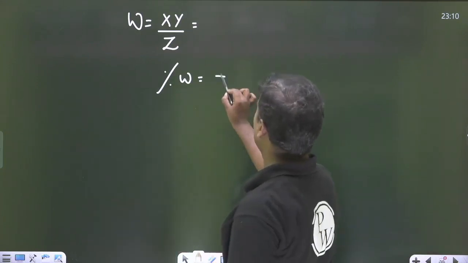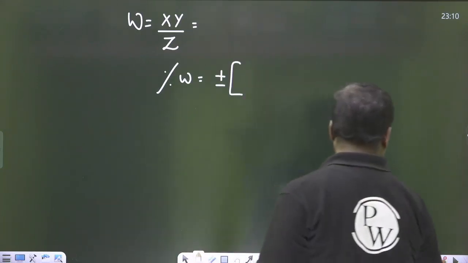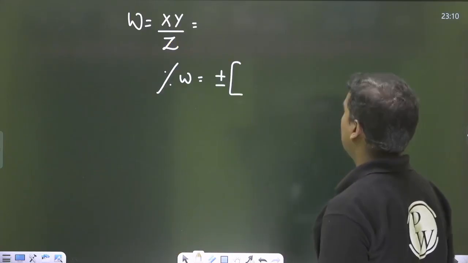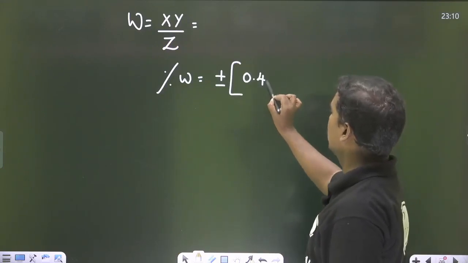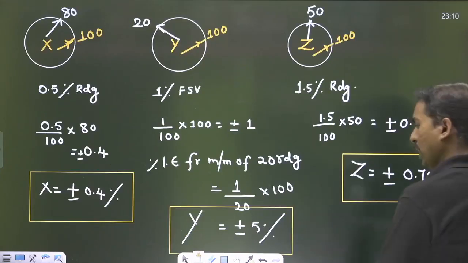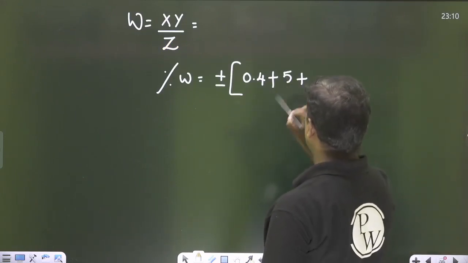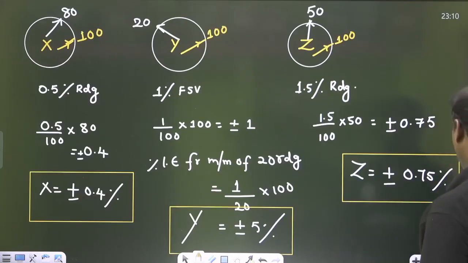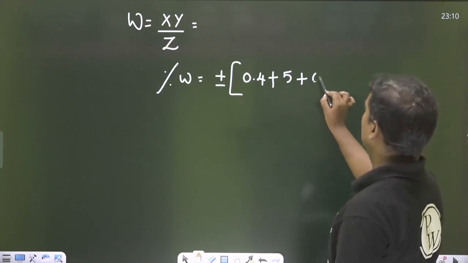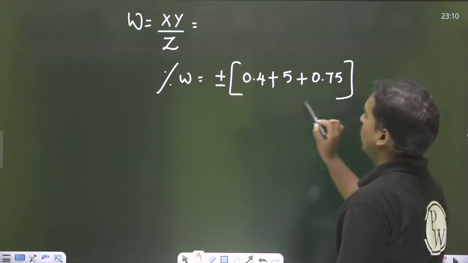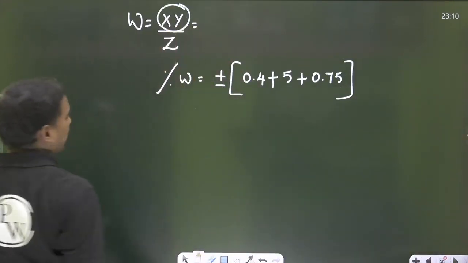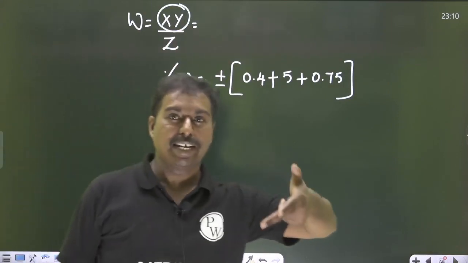So we can take plus or minus 0.4% plus y is 5% plus z is 0.75, because these are product of quantities. For product and division, their percentage errors can be added.